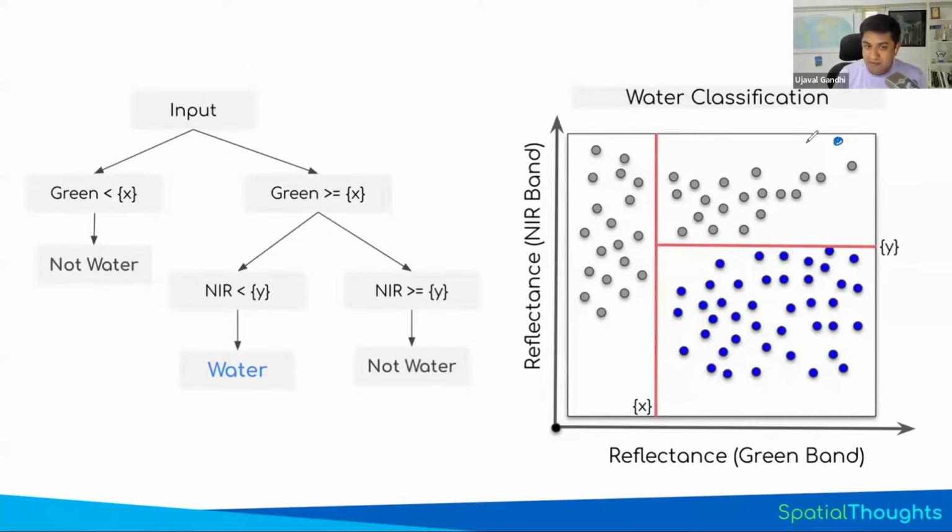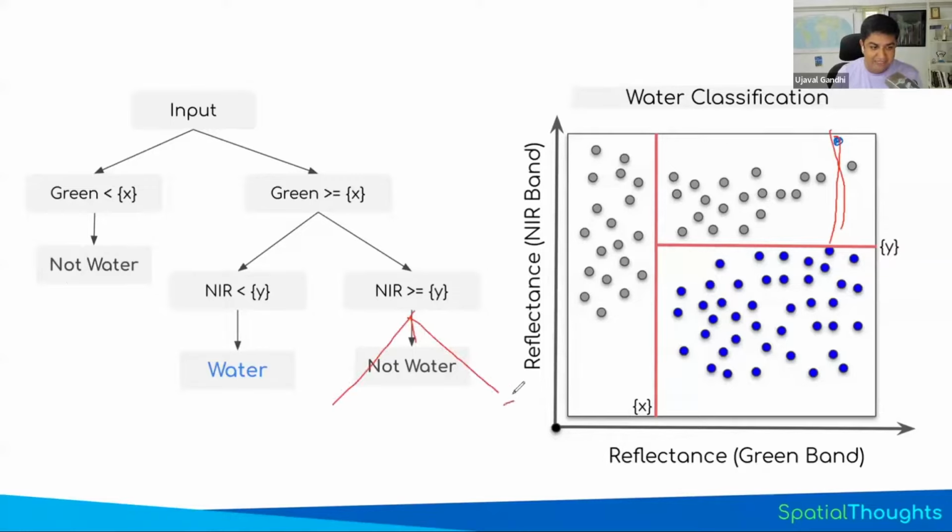I don't want my model to learn this. I want my model to ignore this, because I want my model to learn that all the water pixels are usually here. This is noise. But when you train a decision tree, the decision tree will say, okay, this is my training data. I'll figure out one more threshold here. I'll say, I have one more branch here.